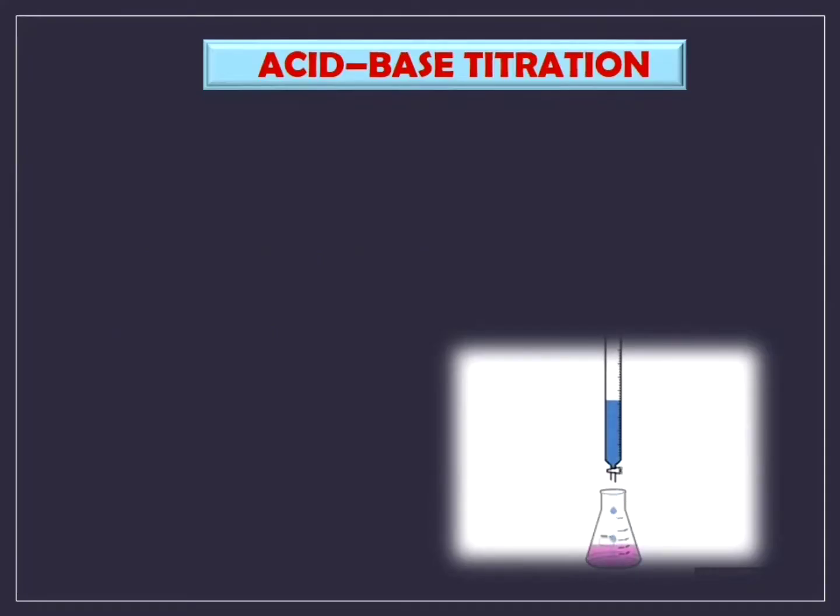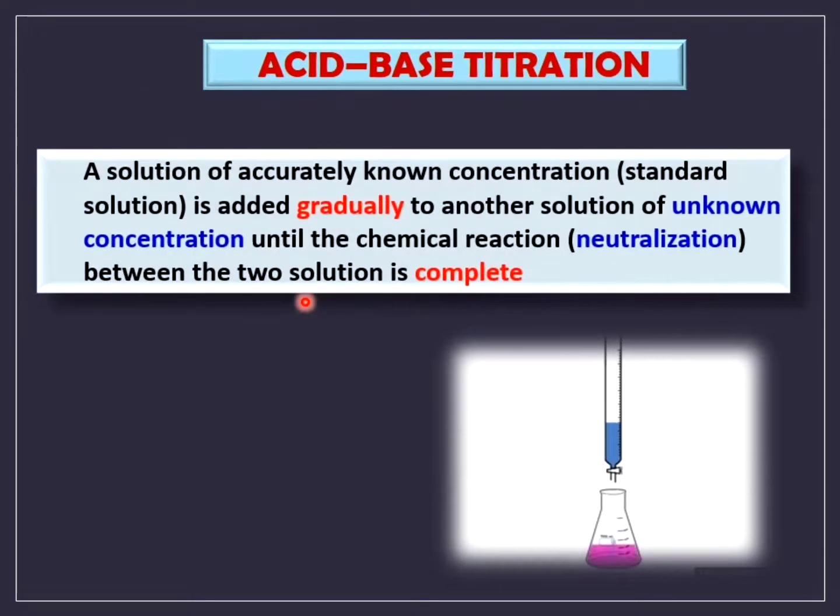Okay, what is acid-base titration? Before this, you already carried out the experiment in the lab. This is the definition of acid-base titration: a solution of accurately known concentration, which we call a standard solution, is added gradually to another solution of unknown concentration until the chemical reaction between the two solutions is complete.